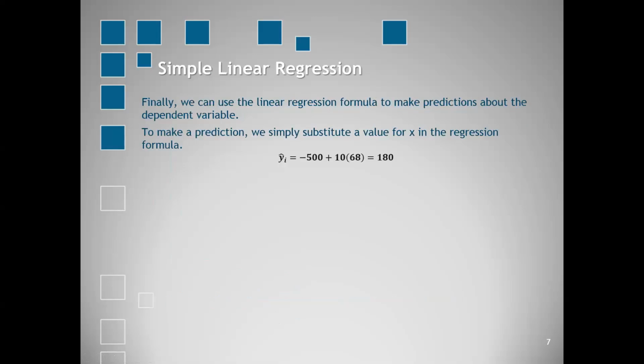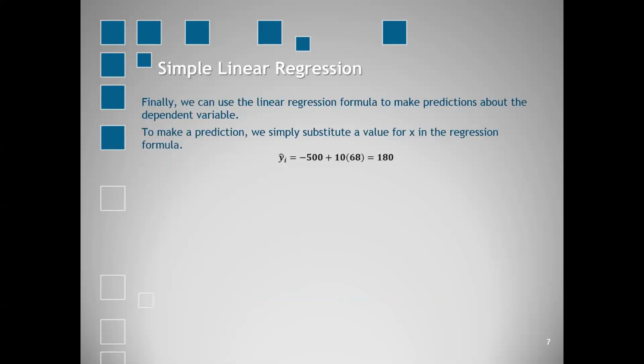So in this example, the slope is equal to 10. This means that for a 1 inch increase in height, we expect weight to increase by 10 pounds. This makes sense because we expect taller people to weigh more. We also have the y-intercept of negative 500, but it's not really useful to interpret the y-intercept. We will demonstrate this using the above example.